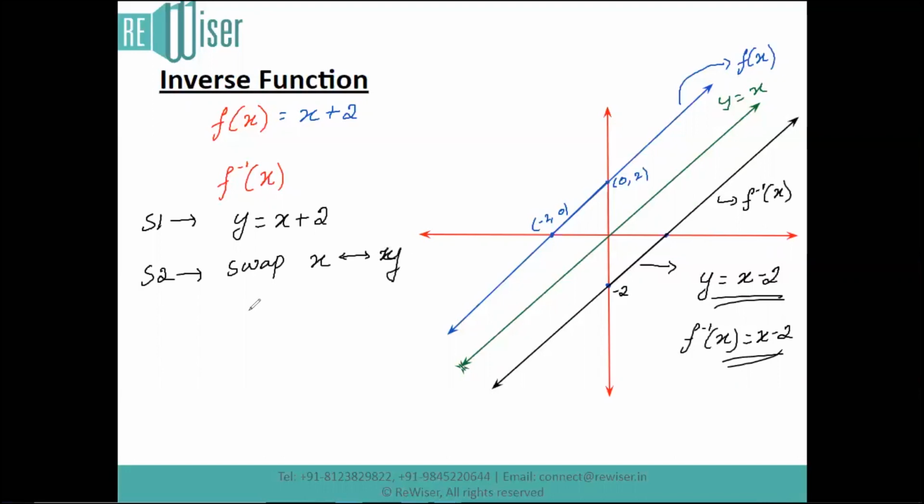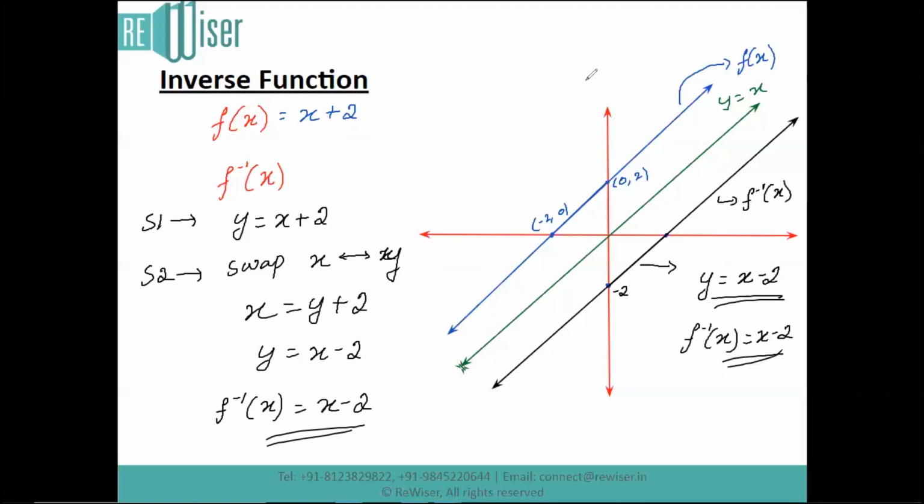So the equation becomes x equals y plus 2. Then make y the subject, which gives x minus 2. Whatever you found for y is nothing but your f inverse of x, which equals x minus 2. I got the same thing. These are the steps I can use to find the inverse of any function.